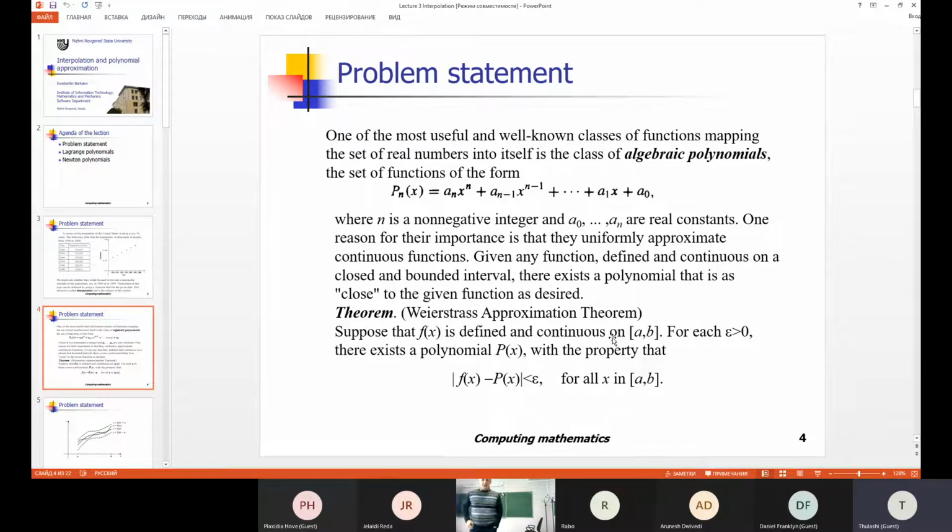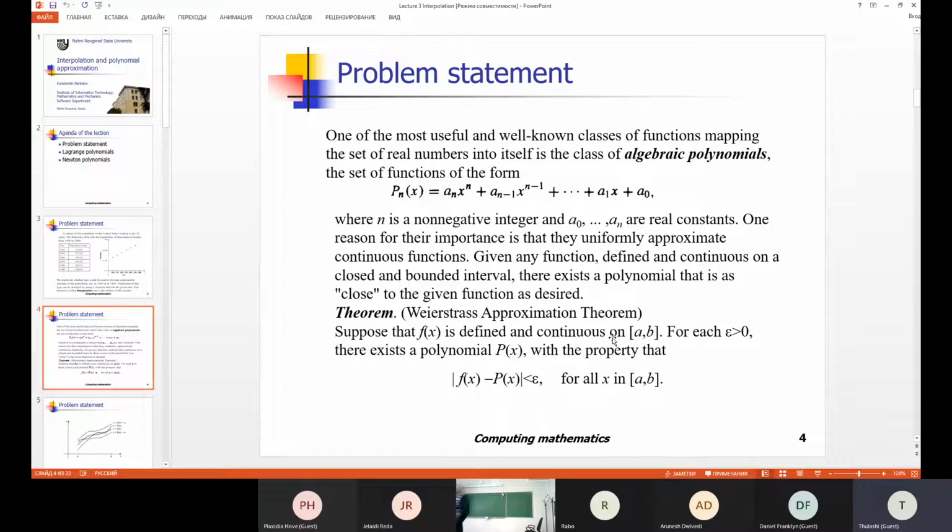Before we consider some interpolation techniques, let's review some points from algebra and mathematical analysis. Let's review what a polynomial is. We considered it in the first lesson, and I told you that a very, very important class of functions is called polynomials.